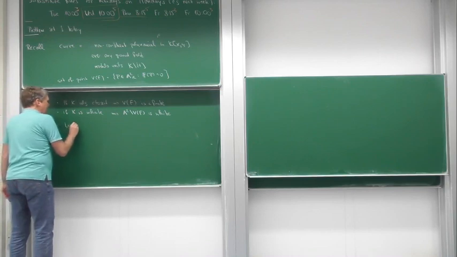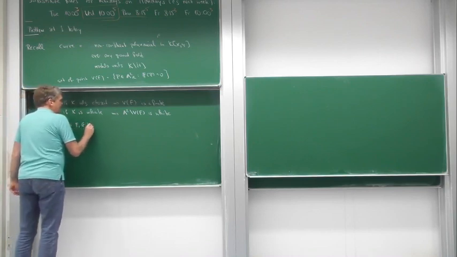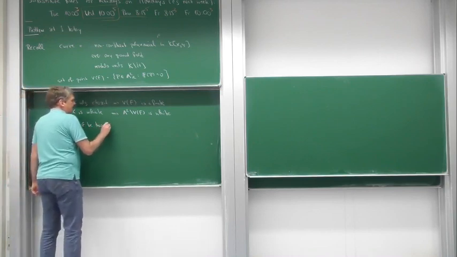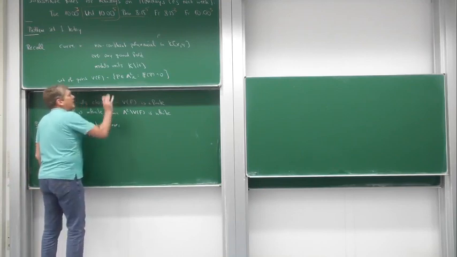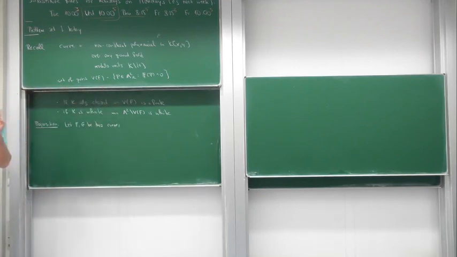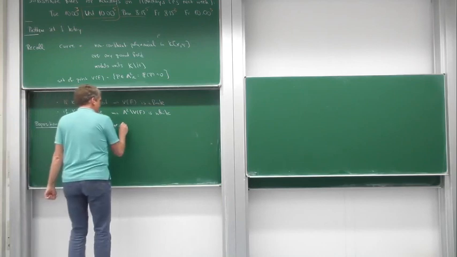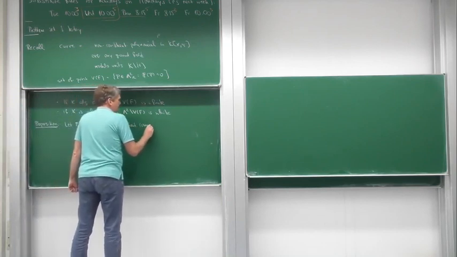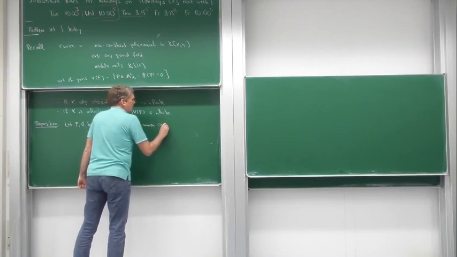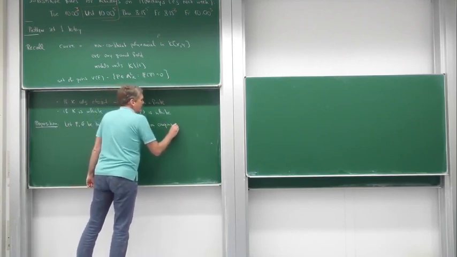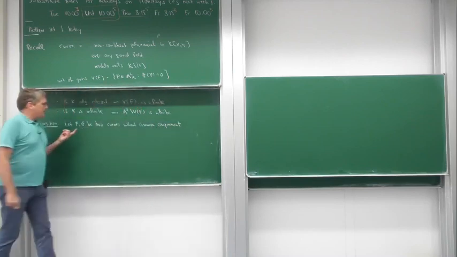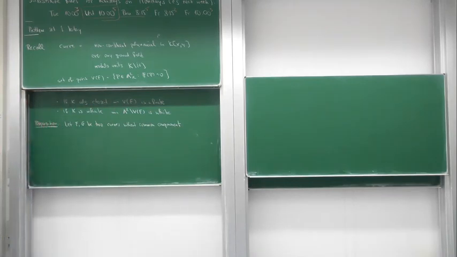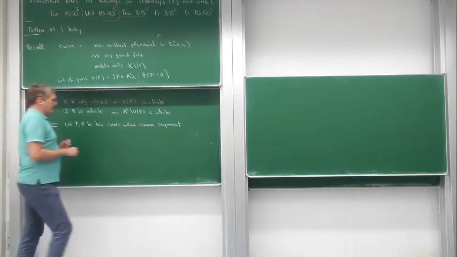So let f and g be two curves in the sense up there. And I want to assume that they have no common component, which, if you think of them as polynomials, means that they are coprime. If you list the irreducible components, they don't have any in common.